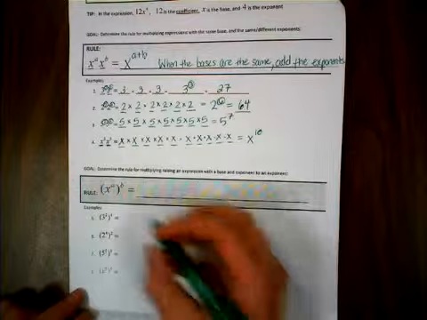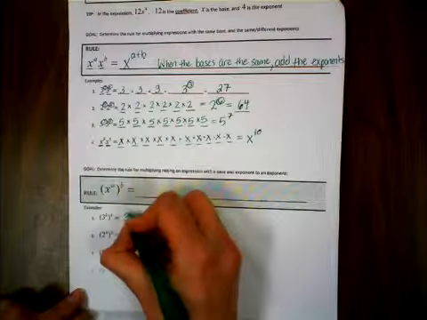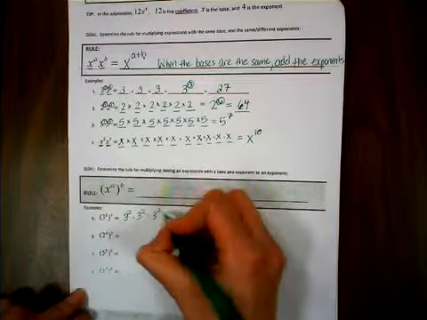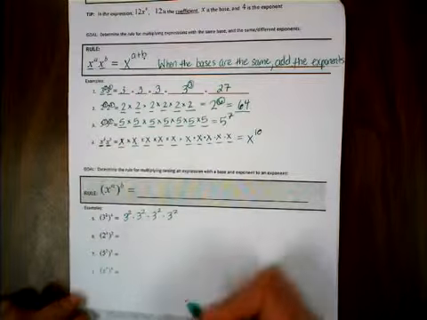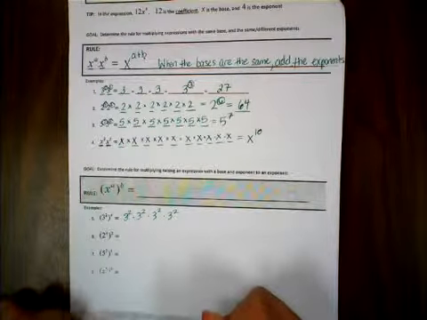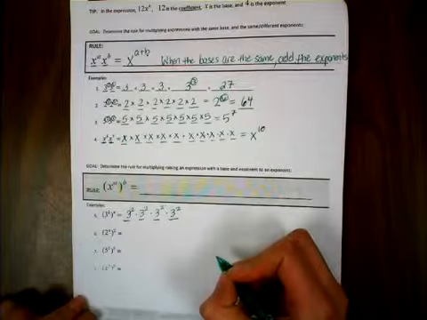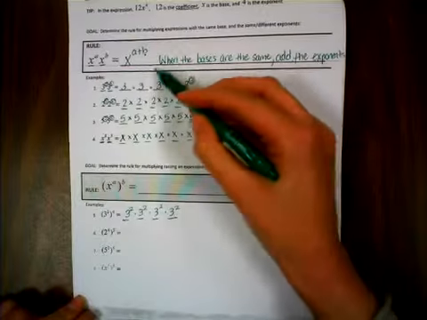So I know that raising something to the fourth power is the same as multiplying the base by itself 4 times. We just learned from the previous example that when we multiply things with the same base, we can add the exponents. We just generalized it up here.